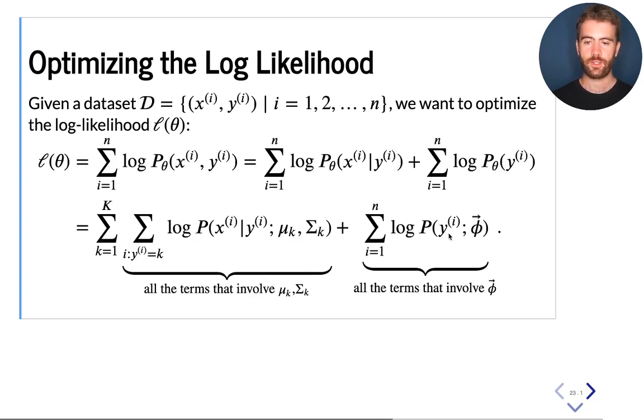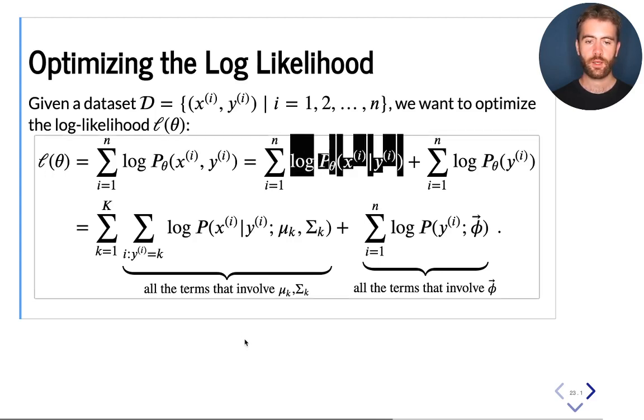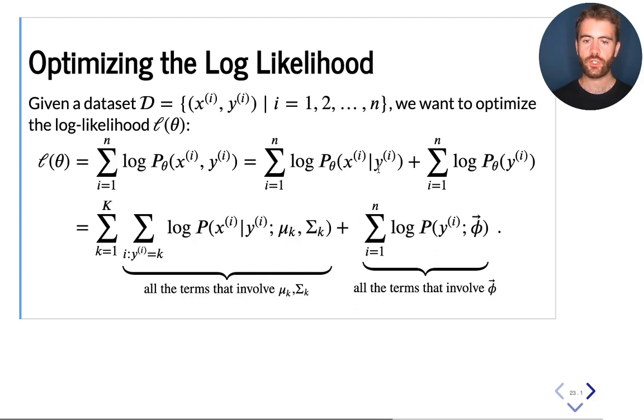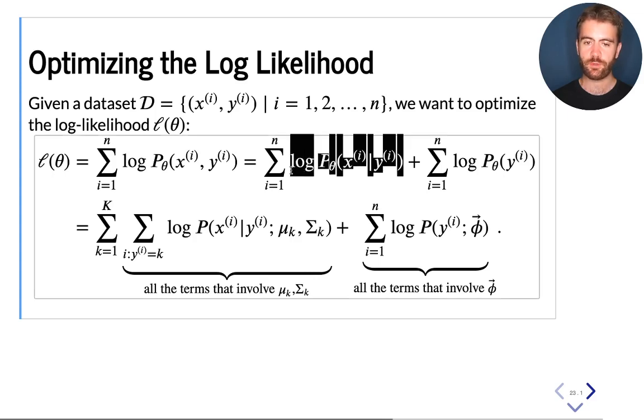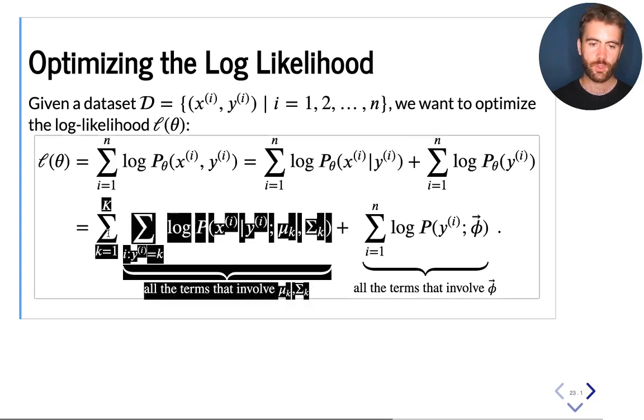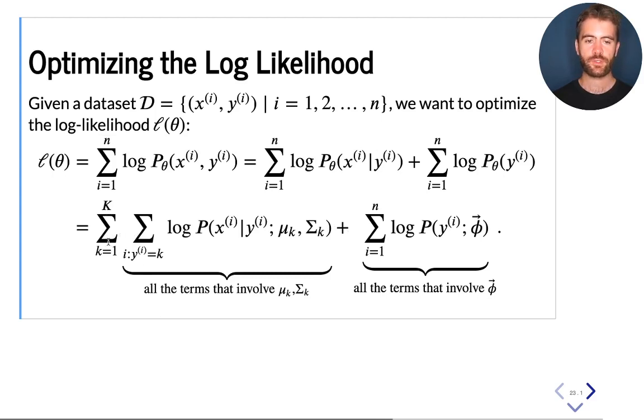And here I can further decompose this term as follows. Each y is going to be one of k possible classes, so we can rewrite this term in a slightly different way, which is this form, in which I am first summing over all the possible classes, and then for each class I perform a summation over all the x's and y's for which y equals k.